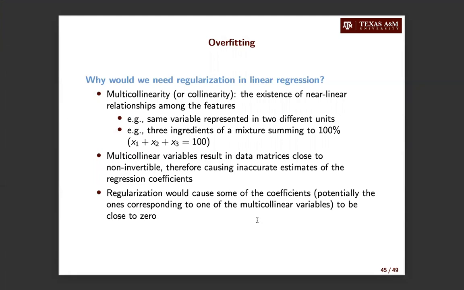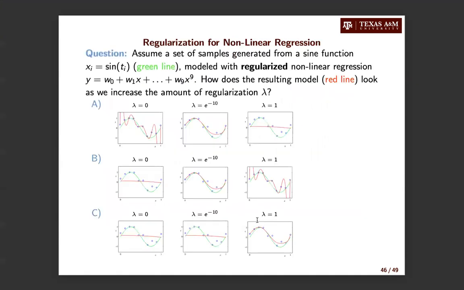So in the case that we have features that are very much associated, especially if we have collinear variables or collinear features, regularization would be a way to avoid overfitting by assigning a weight that is close to 0 to variables that have redundant information.